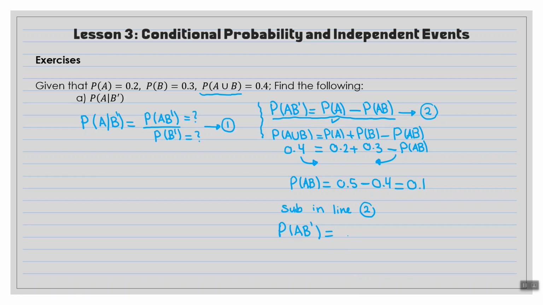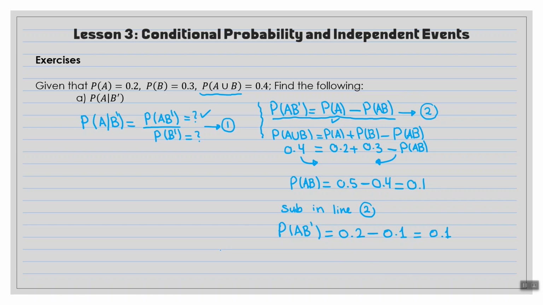So the probability of A is 0.2 minus the probability of AB, which is 0.1. So 0.2 minus 0.1, we get 0.1. So this is the probability of A B dash, and now we got the numerator.